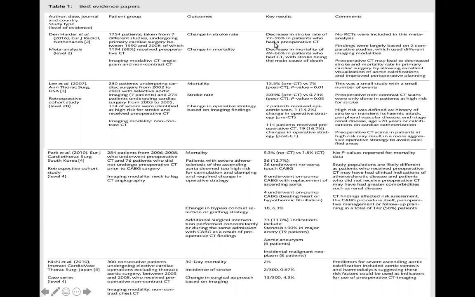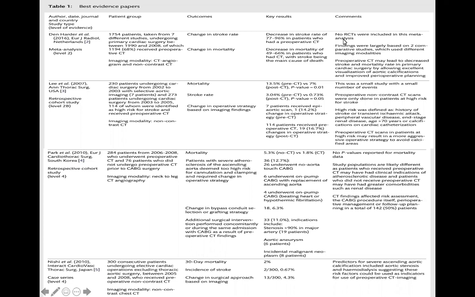The key result was a decrease in stroke rate of 77 to 96% in patients who had preoperative CT, and also a decrease in mortality of 50% to 66% for patients who had a CT, with stroke being the main cause of death.